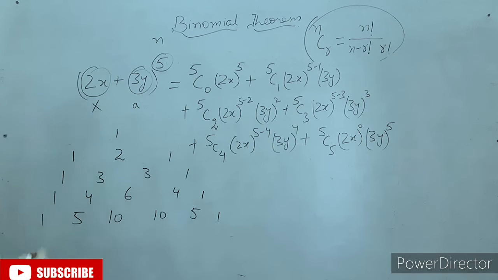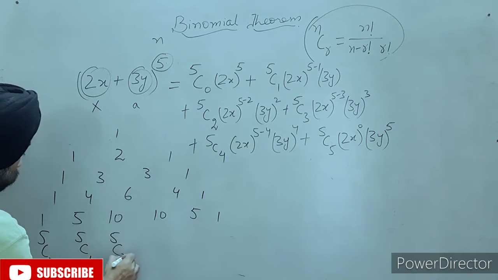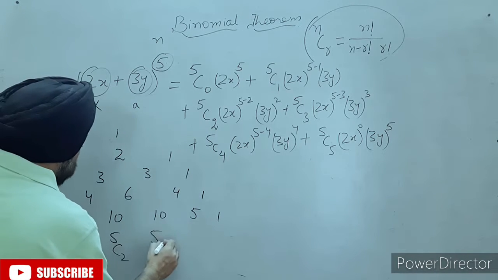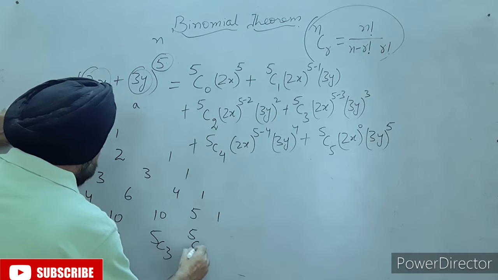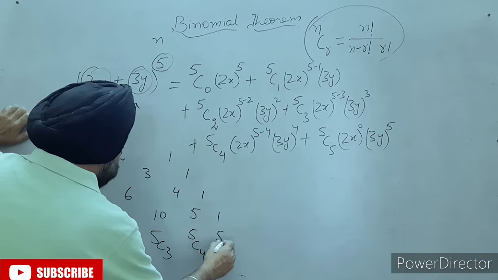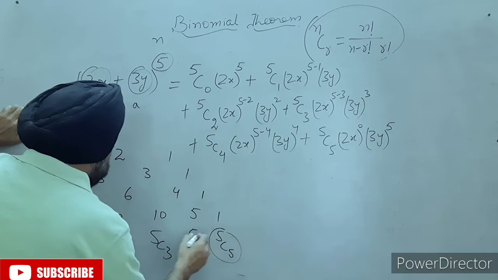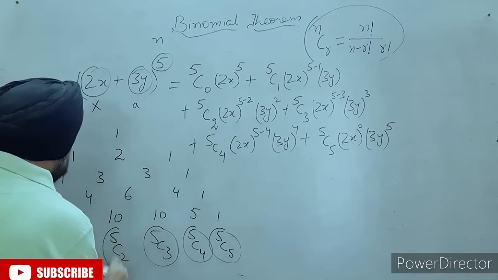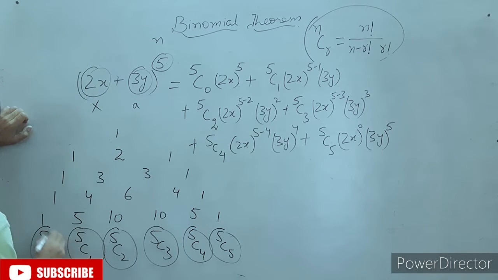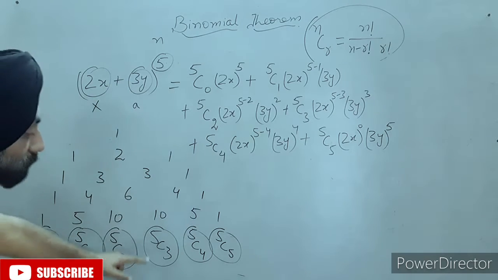This means this is the value of 5C0, this is 5C1, this is 5C2, this is 5C3, this is 5C4, and this is 5C5. I get the values of the coefficients using Pascal's triangle.